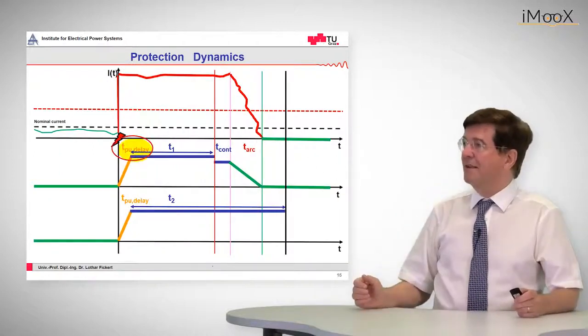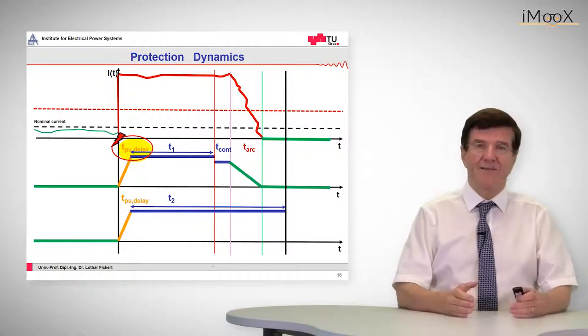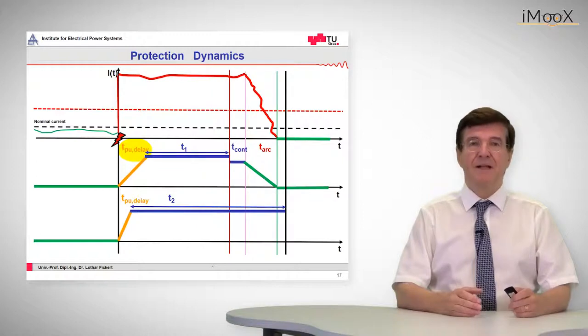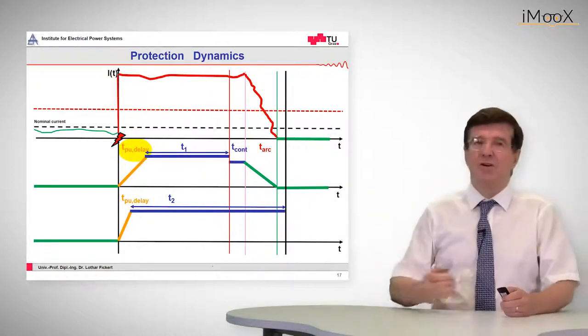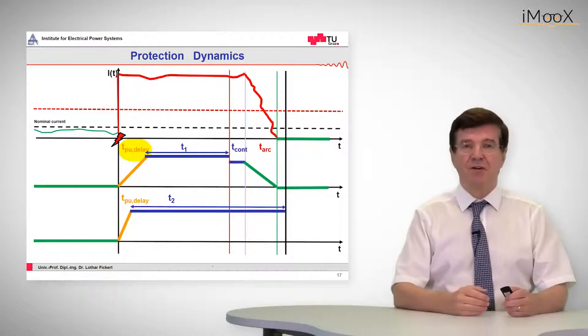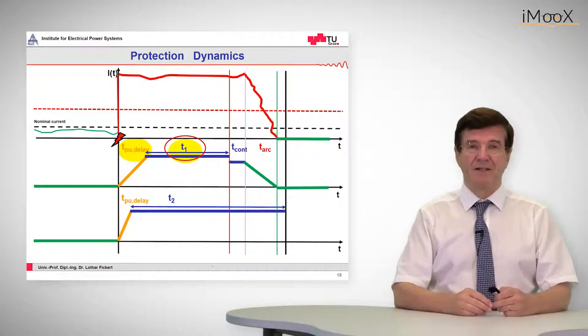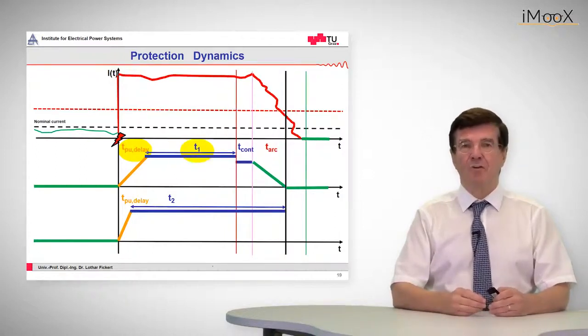We have the fault, but there could be a variance in the pickup delay. There are old relays, mechanically operated, which may act slower, and then the whole procedure is postponed to the right side, to higher tripping times. Also, the retarding time, the grading time, may be increased, and that means that again the whole procedure lasts longer.